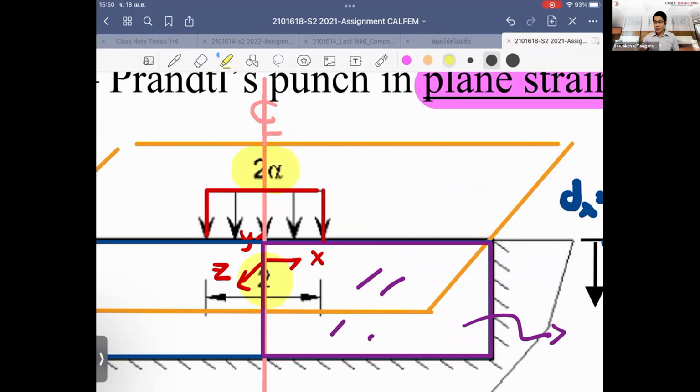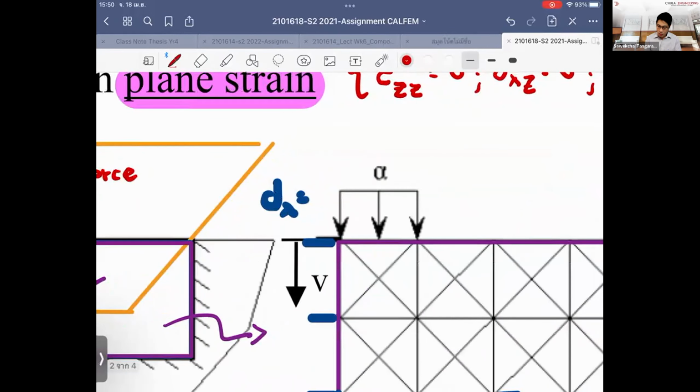Once again, alpha is the number of your group. If you are group member number 1, the sum of the force, the total force, is equal to 2.